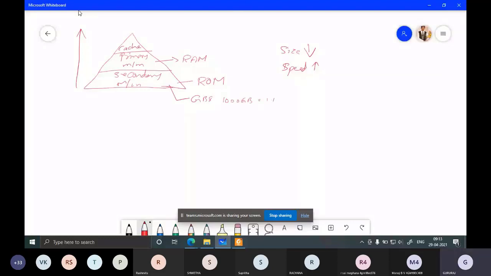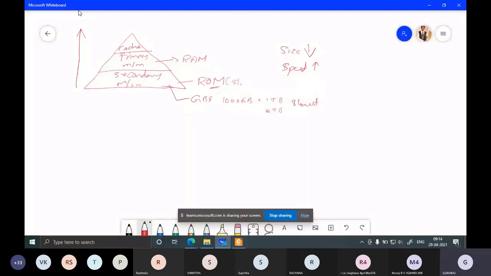So the size of the secondary memory will be large, but these ROMs are the slowest of memories.